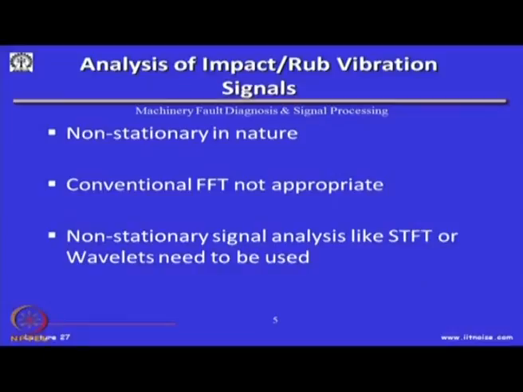So, the analysis of impact and rub vibration signals which are created because of the looseness are non-stationary in nature, and conventional FFT is not appropriate. Non-stationary signal analysis like STFT or wavelets need to be used.